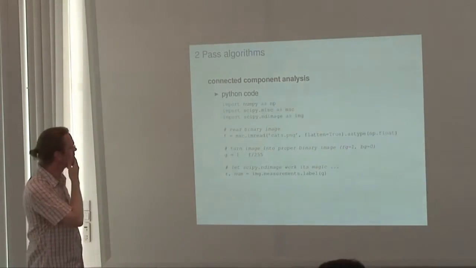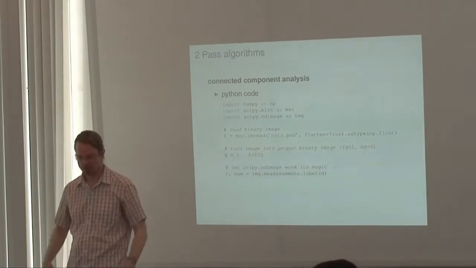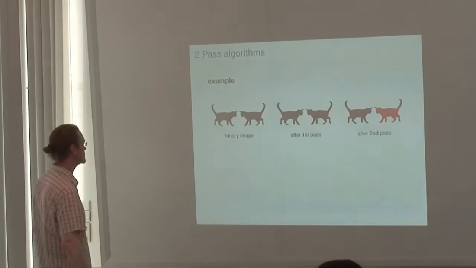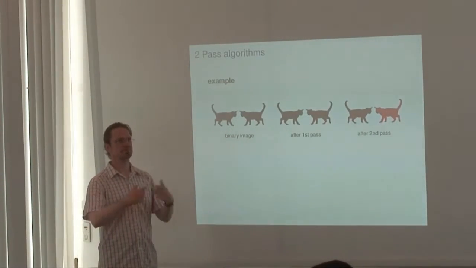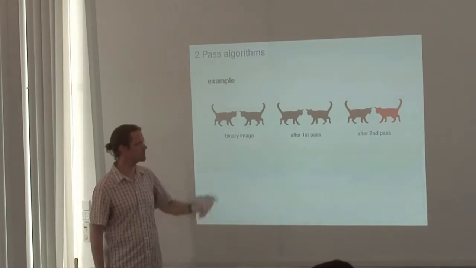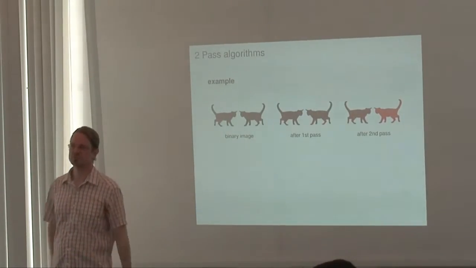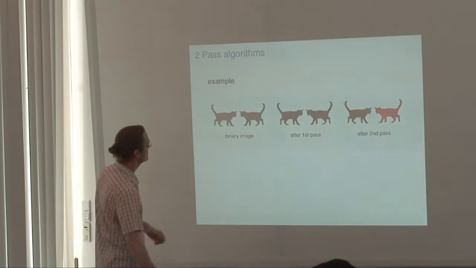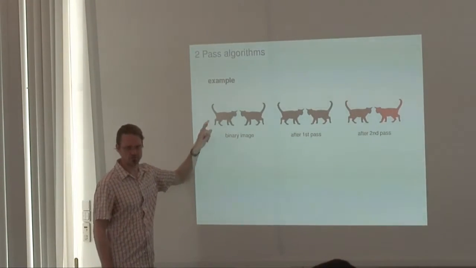I first read an image called cat, and it is represented as a PNG image on disk. These pixels here are represented as black values and the background as white values, so 0 and 255. This is not the representation we like when we talk about binary images, because I want these ones to be called 1 and these ones to be called 0.